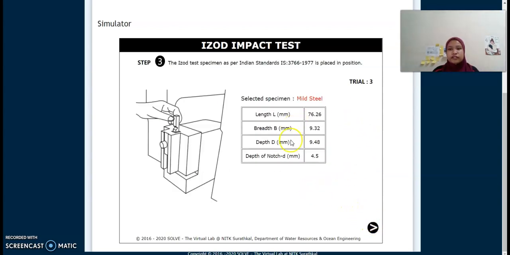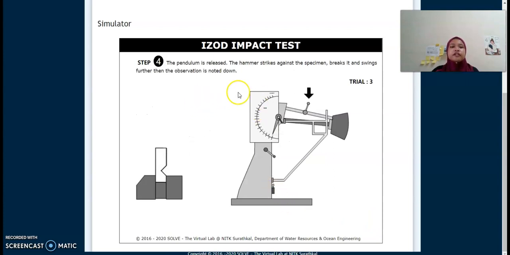For trial number 3, still the same method. The Izod test specimen as per Indian Standard is placed in position as we can see here. The length is 76.26, breadth is 9.332, depth is 9.48, depth of notch is 4.5 mm.